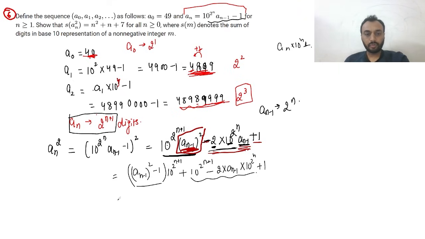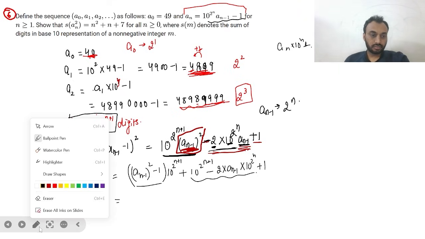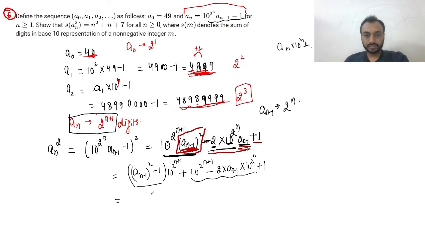So let's see, will it be positive with this? If we see, this one is fine. If we take 10 power 2 power n common, it is 10 power 2 power n minus 2 times AN minus 1 plus 1, right?